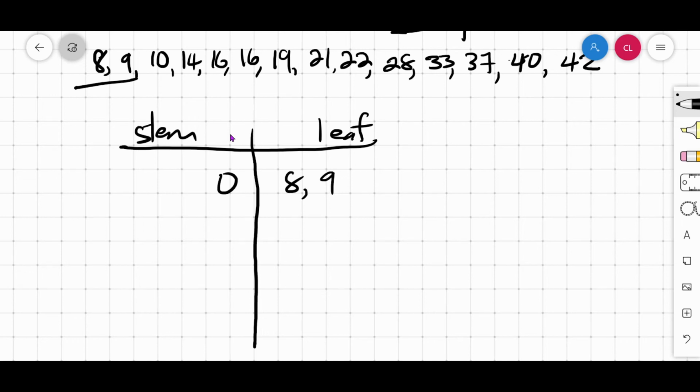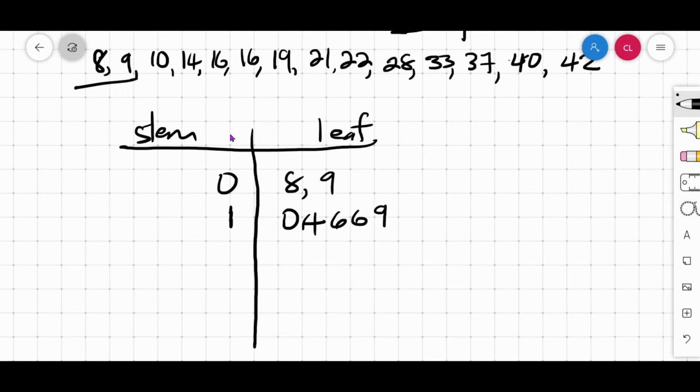Then numbers from 10 to 19, so we have this representing the set of 10. Then we have 10, 10, 4, 6, 6, and 9.